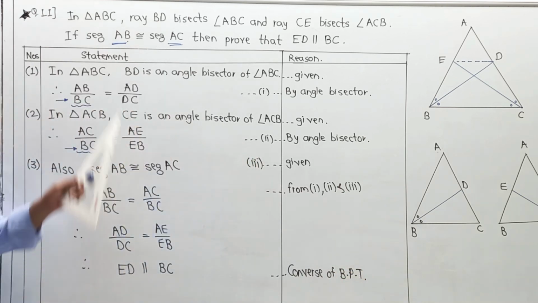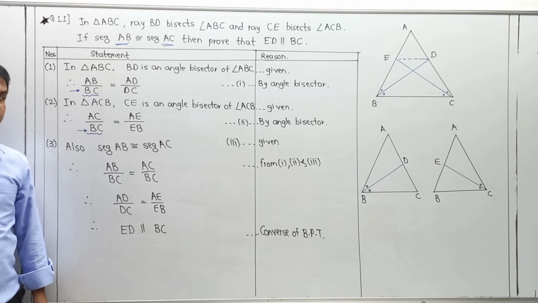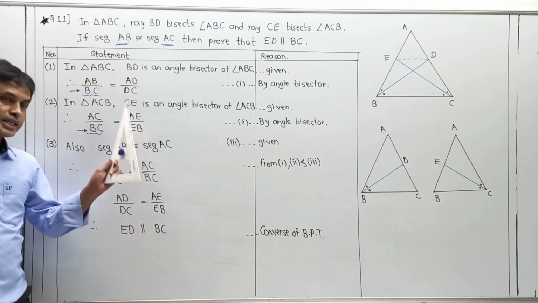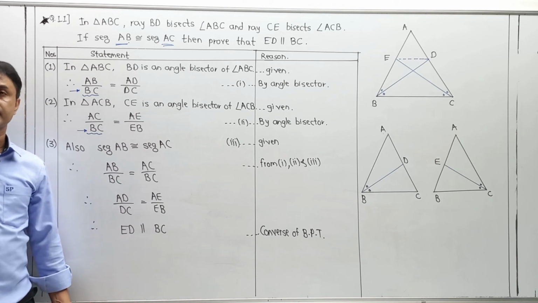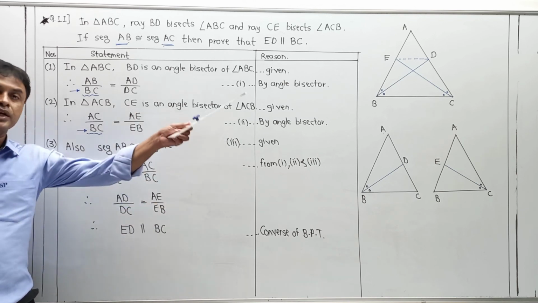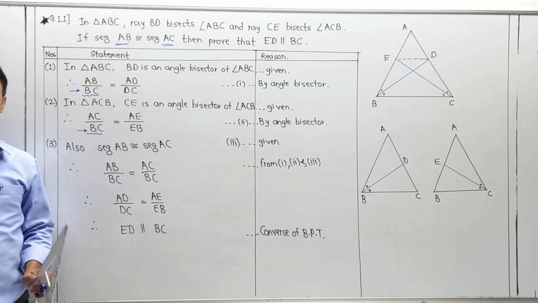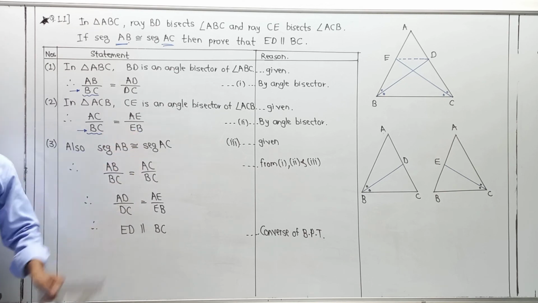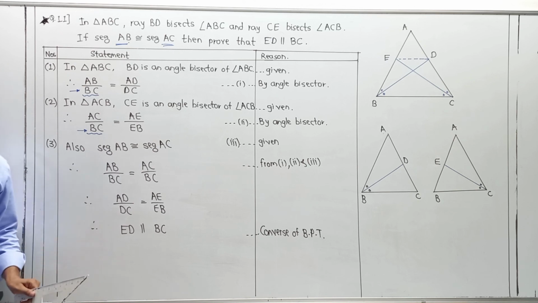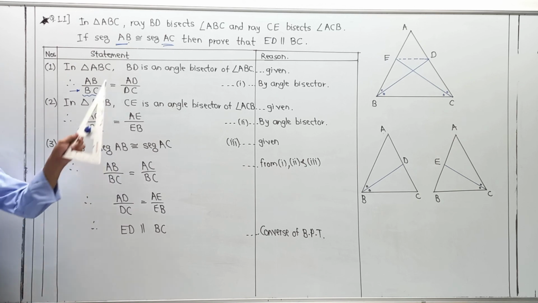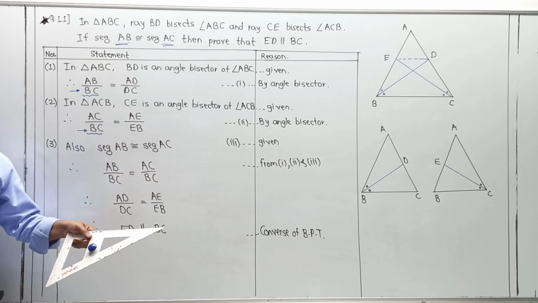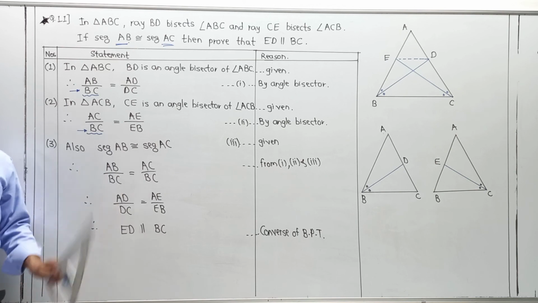Now student, please pay attention. When you are going to solve such a numerical, the writing representation is most important. Some students try to memorize it by heart. It is very easy: you can remember the breakup of a diagram and how to write. Looking at the whole diagram at once seems complicated, but if you make a breakup of the same diagram, you can easily remember the answer or the type of writing. Means instead of learning by heart, you can easily understand or remember that numerical by the diagram method only.